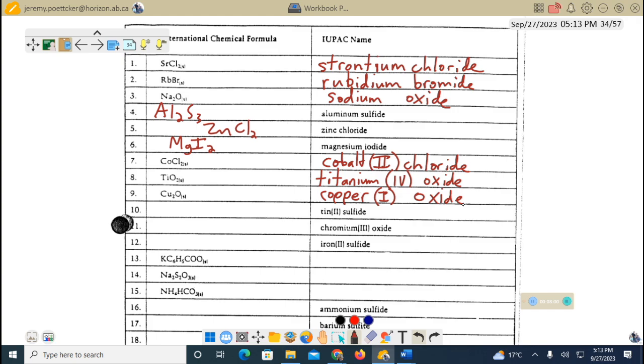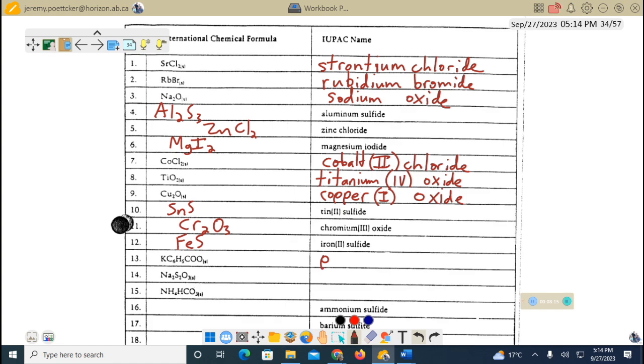Tin 2 sulfide is just going to be SnS. Chromium 3 oxide is going to be Cr2O3. Iron 2 sulfide is just FeS.